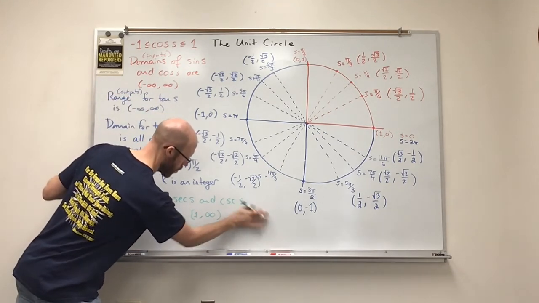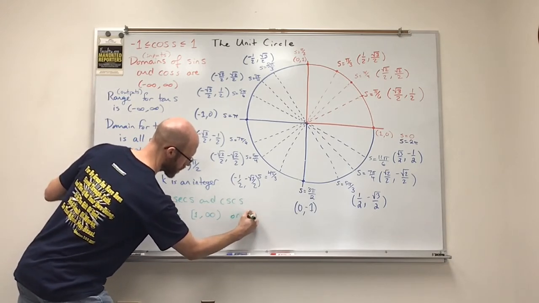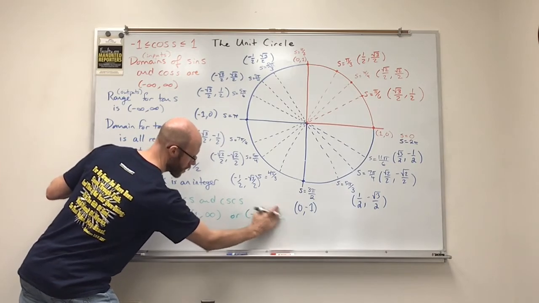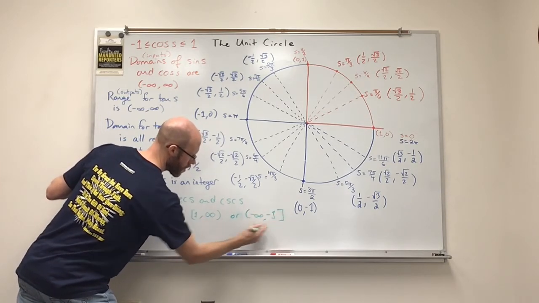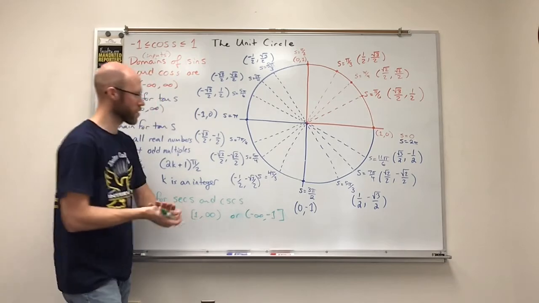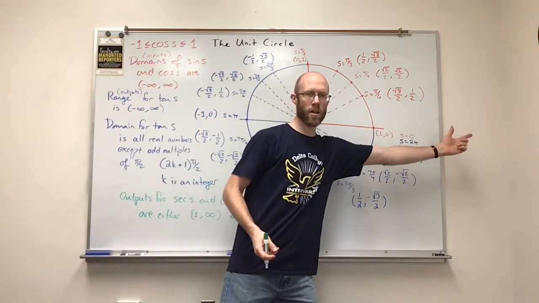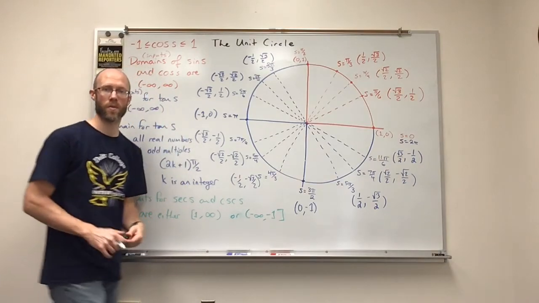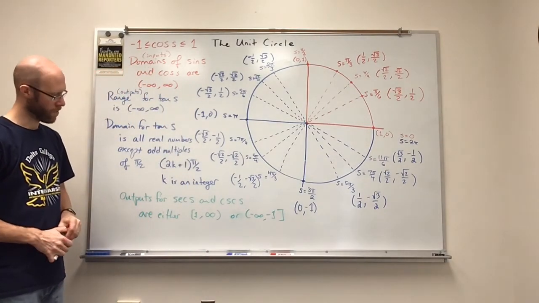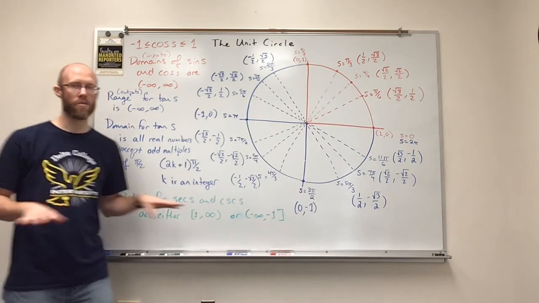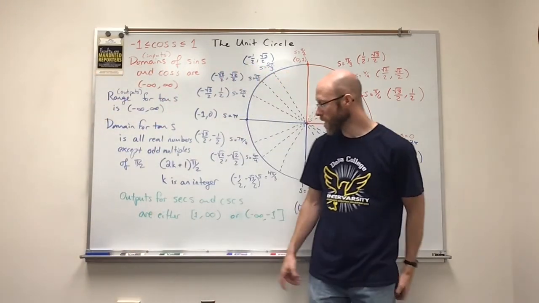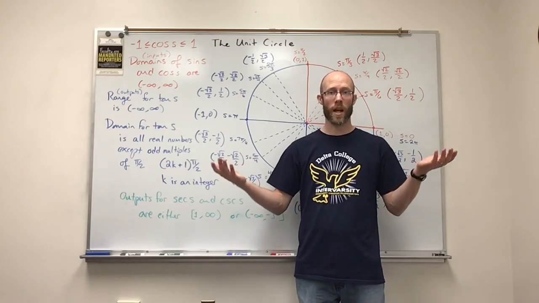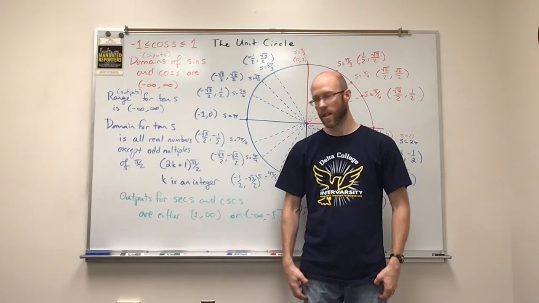Either that or they're going to be in this interval from negative infinity to negative 1, including the negative 1. Okay, so it's either going to be everything beyond 1 or everything beyond negative 1. Okay? And so you're never ever going to get a secant value or a cosecant value that's between negative 1 and 1. It can't happen.